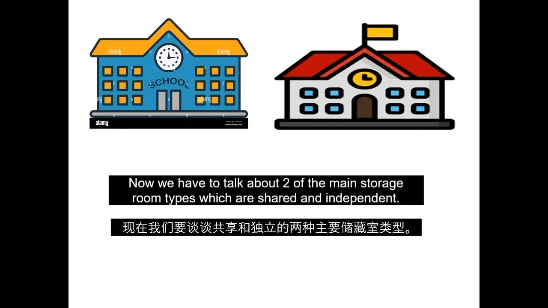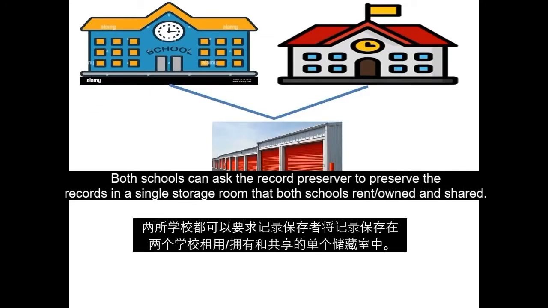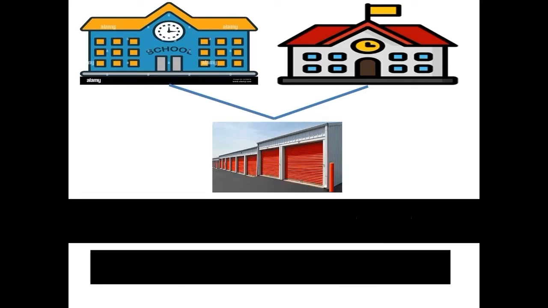Now we have to talk about two of the main storage room types, which are shared and independent. Both schools can ask the record preserver to preserve the records in a single storage room that both schools rent or own and share.